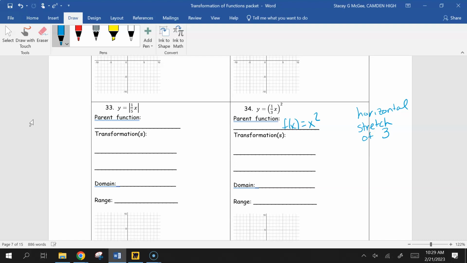Now, if you look at your little cheat sheet, it says that for horizontal, I take x, y, x gets divided by a, and y stays the same. But this is where we were saying, really, do I want to divide every x by a third? No. What I'd really rather do is multiply every x by 3. So multiply by the reciprocal.